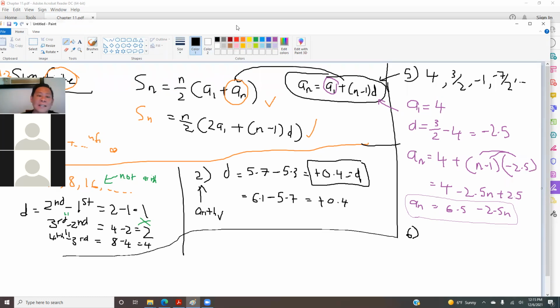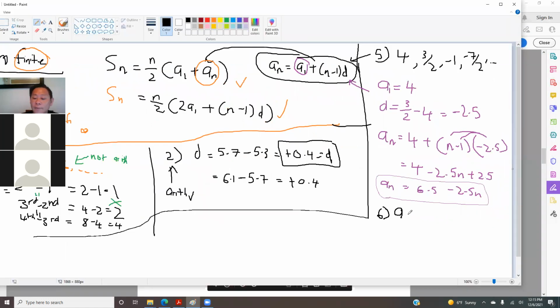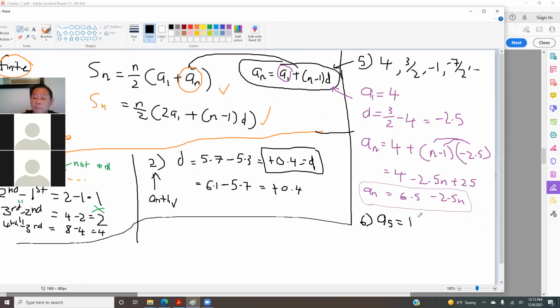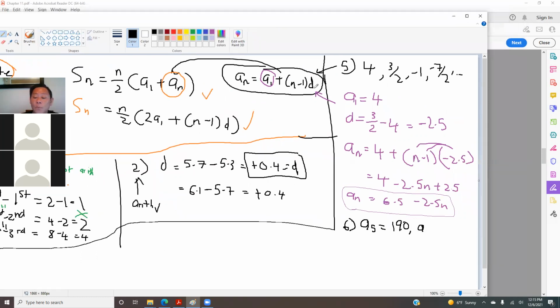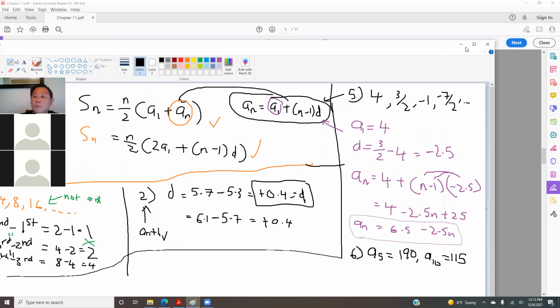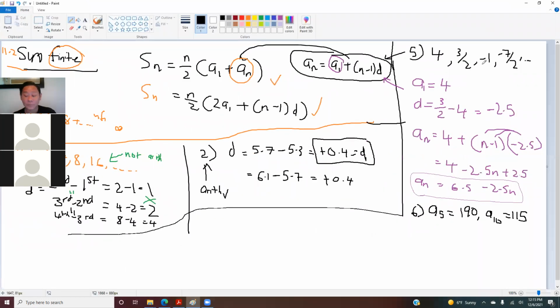But question 6 is a bit more difficult because question 6 gives us A5 is 190 and A10 is 115. So can someone tell me what A5 stands for? What does A5 mean? That's the 5th term.